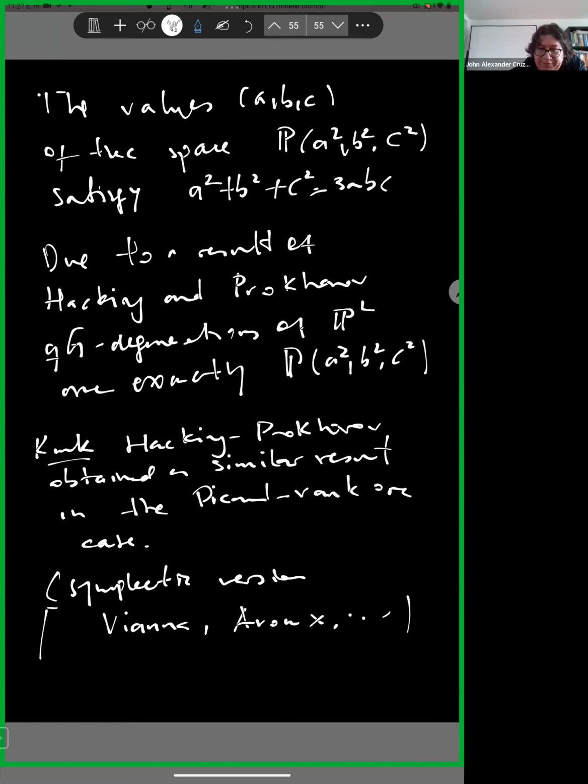But I have 5 minutes probably, so I will just say something about how this fits in the mirror picture. So the question of what this looks like in general, I did it for CP2, but in more general settings.